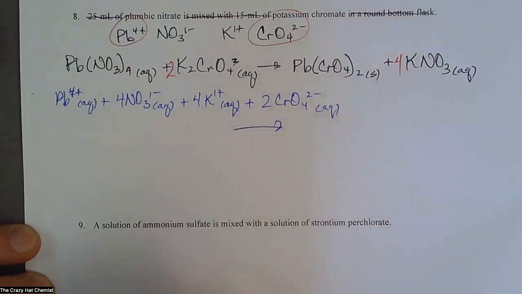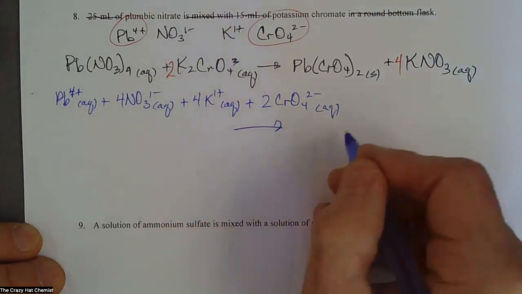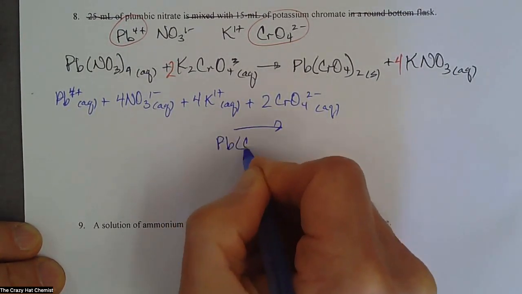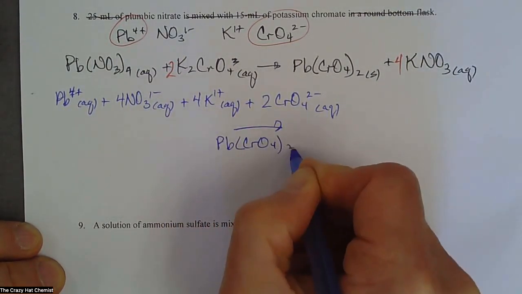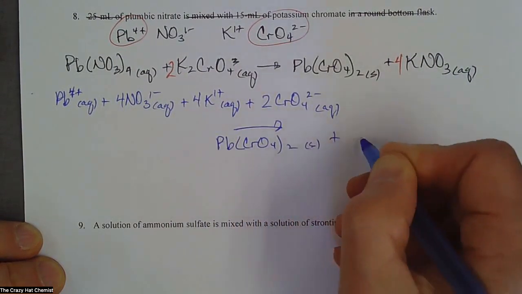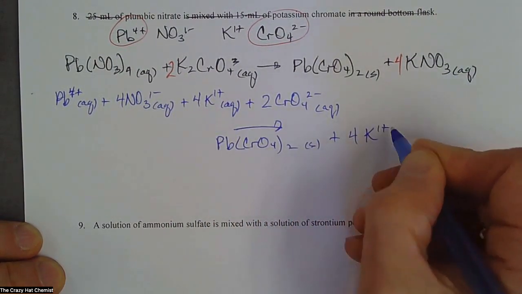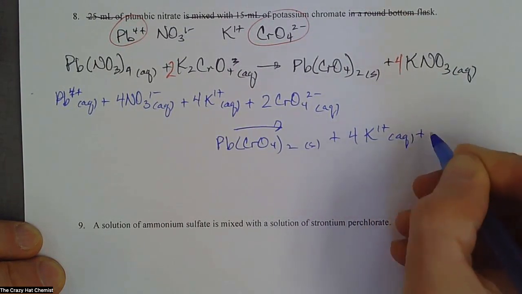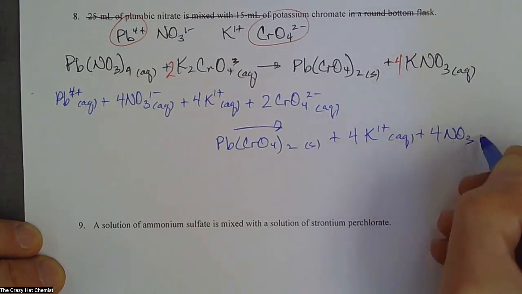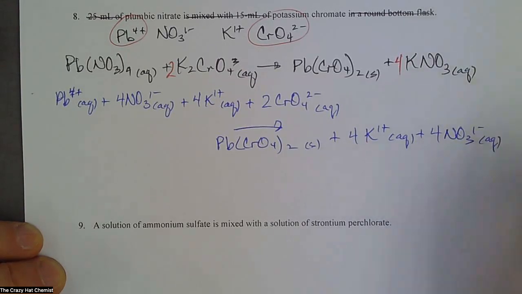And we're going to draw this arrow right below here again. And we're going to get Pb(CrO4)2, that's our solid, plus 4K 1+ aqueous, plus 4NO3 1- aqueous.